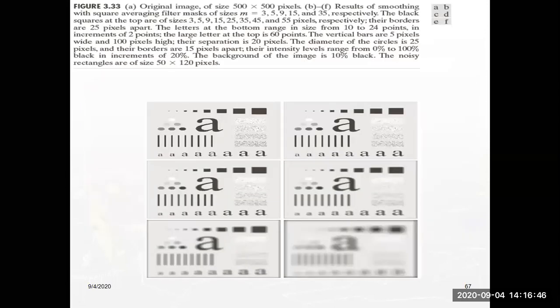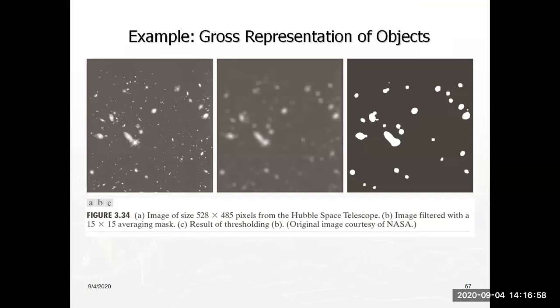This is an example, an application, of blurring. Blurring is performed by our normal averaging filters or smoothing filters, that is, linear filters. The same filter is generally used for removing noise. Here the first one is blurred.